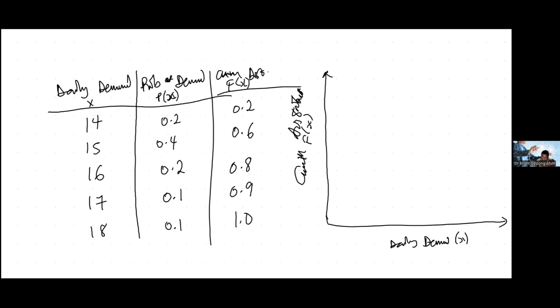Then we can plot 14 and the distribution. So assuming we are starting from 13 here, so I have 14, I have 15, 16, 17, 18 here, right?